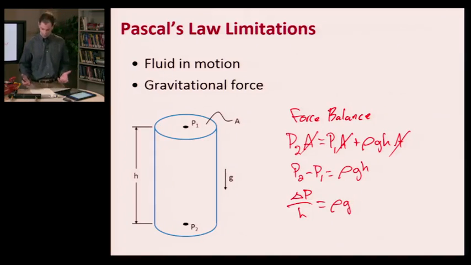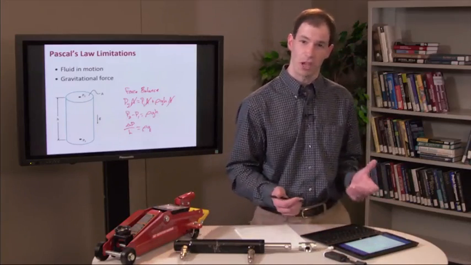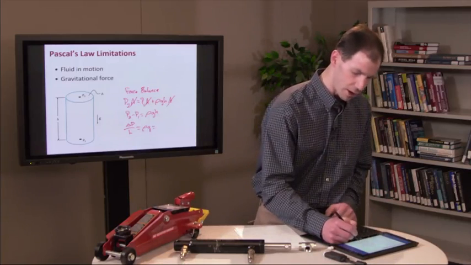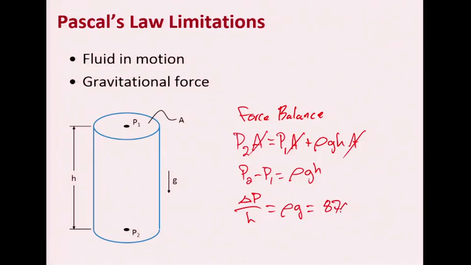And if we're talking about this in the SI system, a typical density of a hydraulic fluid might be 870 kilograms per meter cubed. I've got gravity around 10 meters per second squared, so 9.8 meters per second squared.